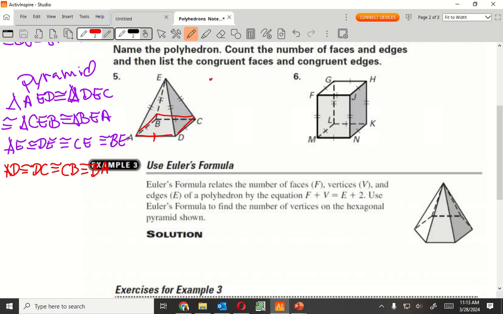And how many faces would this have? It does have five faces. And how many edges? Eight edges.